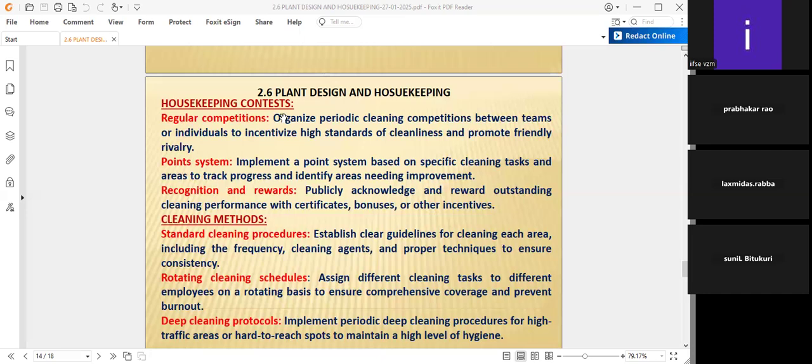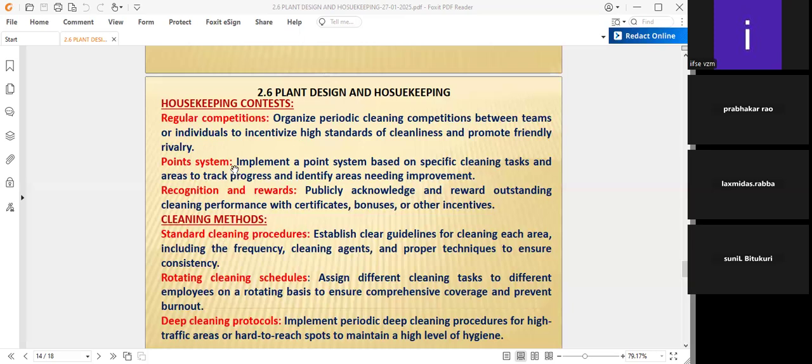We have to differentiate all the employees, with regular periodic cleaning competitions between the teams or individuals. Individuals here means not man to man but department to department, and teams means the whole organization. To incentivize means to promote incentives, increments and other things, and to promote user-friendly practices.